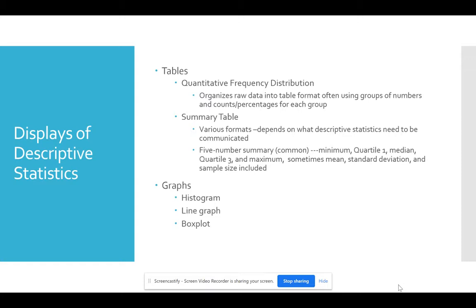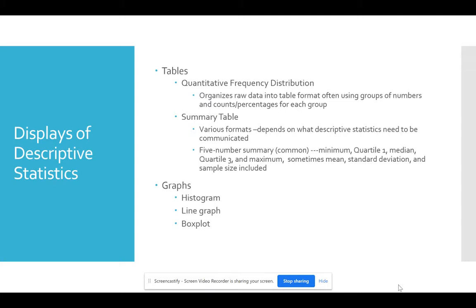You can also create a summary table, and again, there's lots of different formats depending upon what descriptive statistics you need and or want to communicate. One of the most common is a 5-number summary. In the 5-number summary, you include the minimum value, quartile 1, median value, quartile 3, and the maximum.